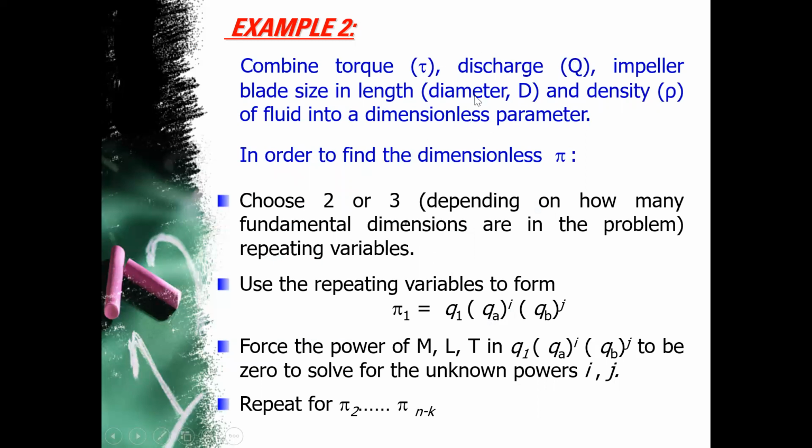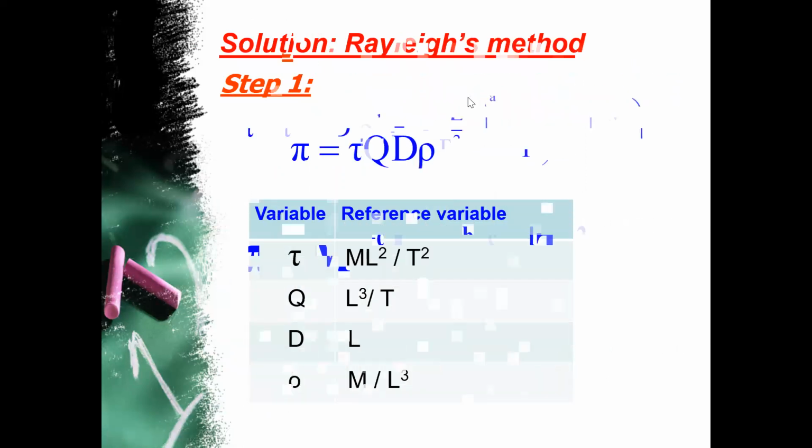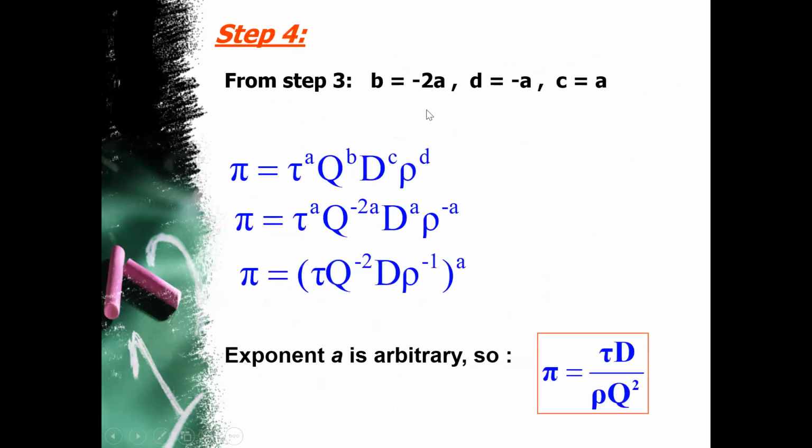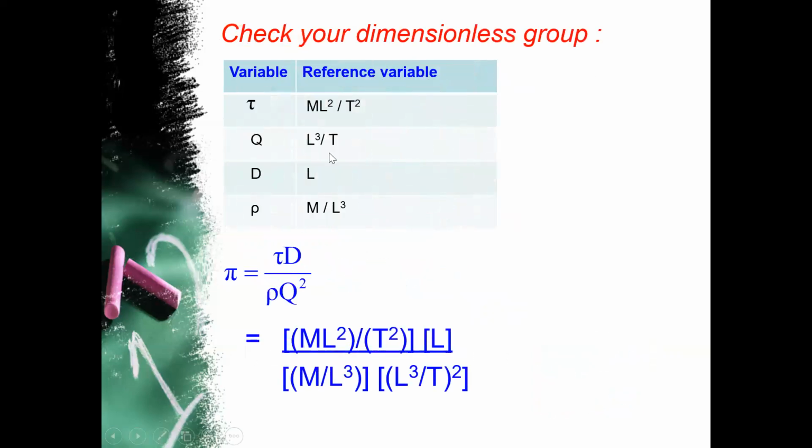So the total number of variables you can see here is four. And therefore, with this, you can solve the equation through the concept of the exponent, wherein we work based on the dimensional homogeneity concept, where we try to equate the exponent values to the one on the left. That's basically the idea from the Rayleigh's method.